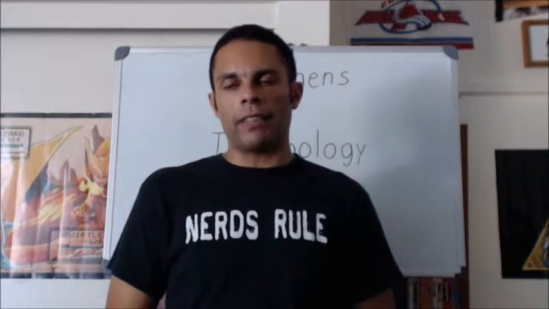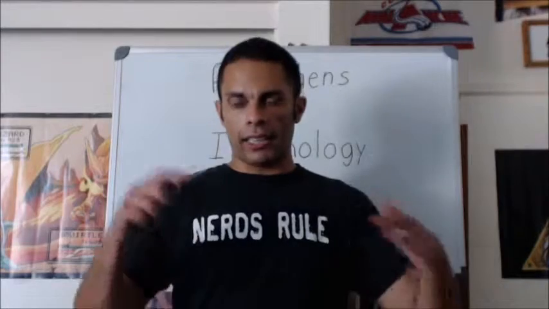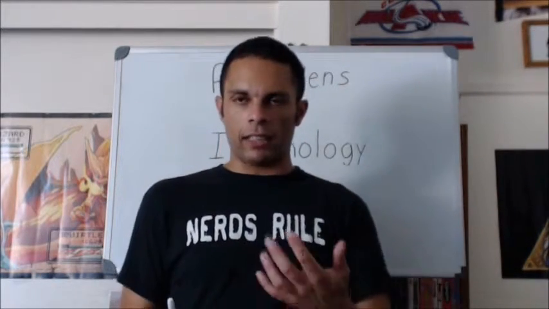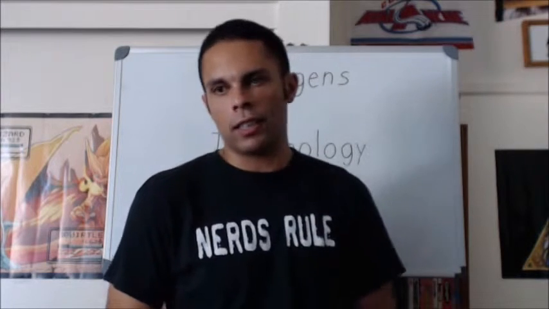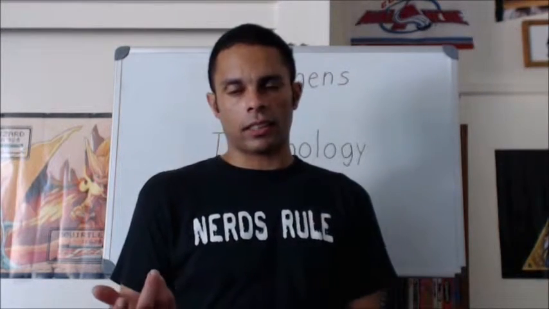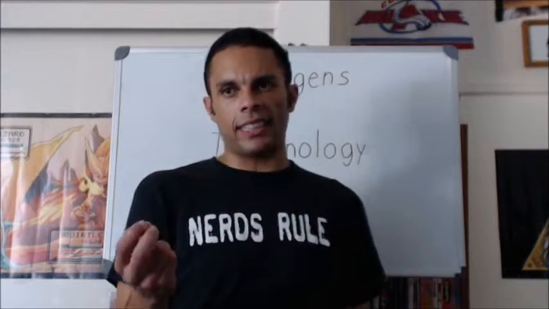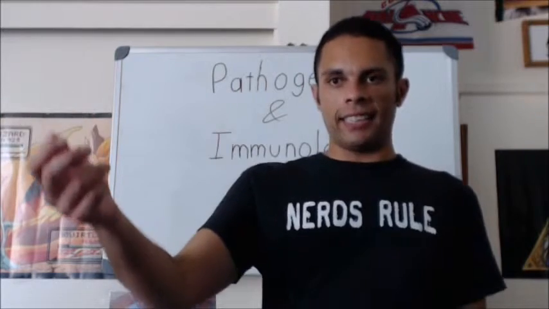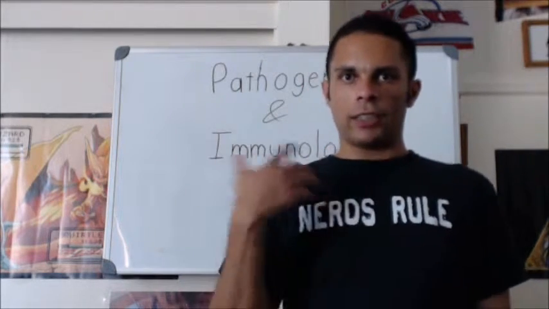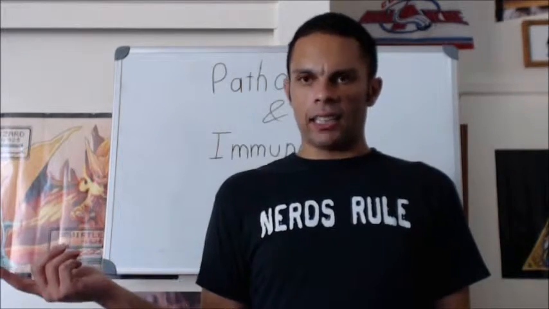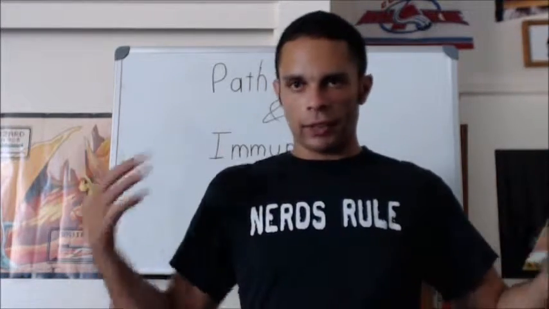Immunology specifically describes the mammalian way of actually fighting against these pathogens. It's a branch that discusses how our body responds to an infectious agent or pathogen, what it does, and how it's ultimately treated.